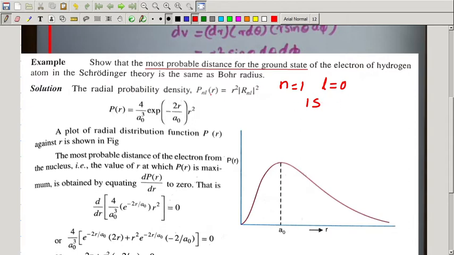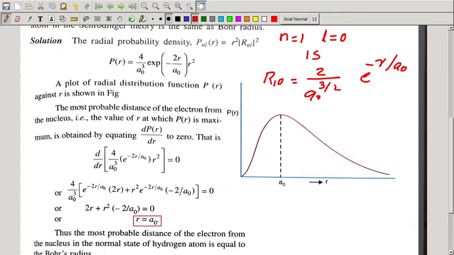The radial probability density P_nl, generally the probability density for quantum numbers n and L, is given by r square mod R_nl square, the radial wave function. The radial wave function for the ground state, R10, n equal to 1 and L equal to 0, we know, is 2 by A0 raised to 3 by 2 exponential minus r by A0. So P of r is equal to r square mod R square.